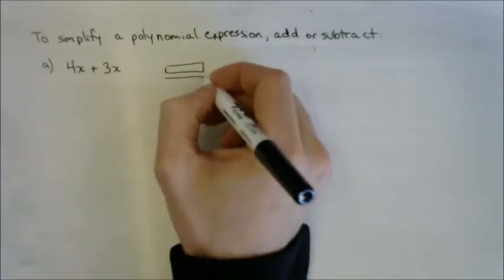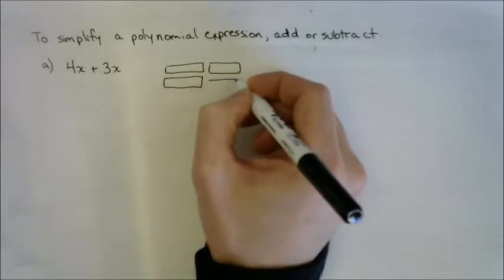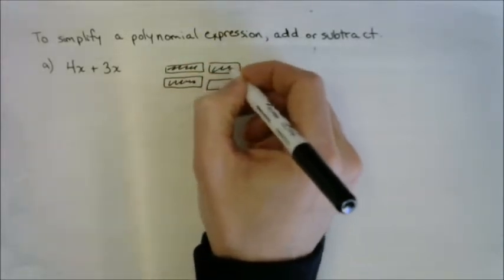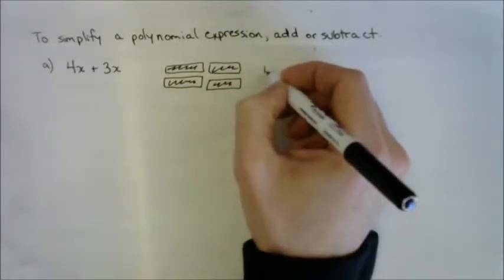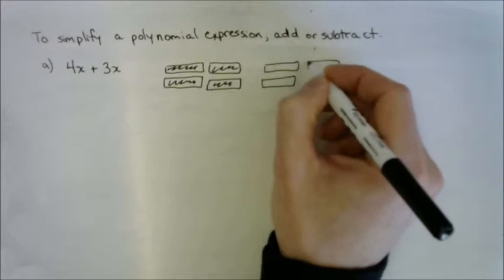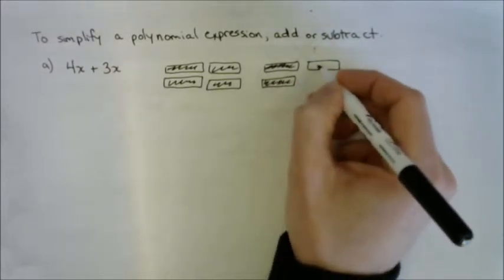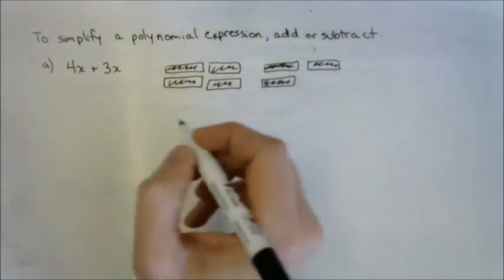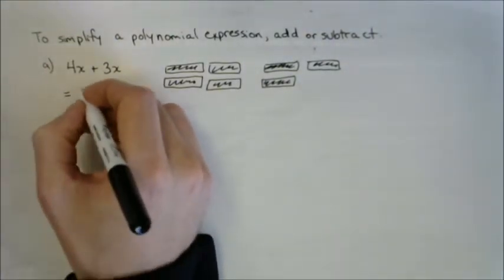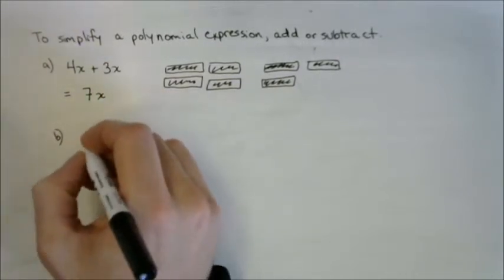We've got 4 x's, and we've got 3 x's, all positive. And all we need to do is add them up. How many x's do we have altogether? 7x.